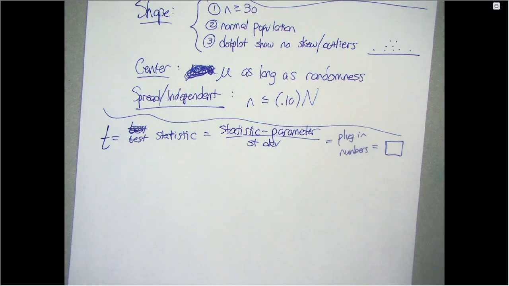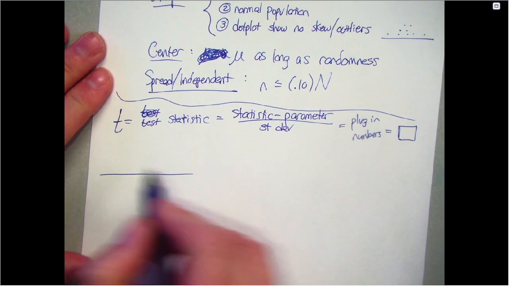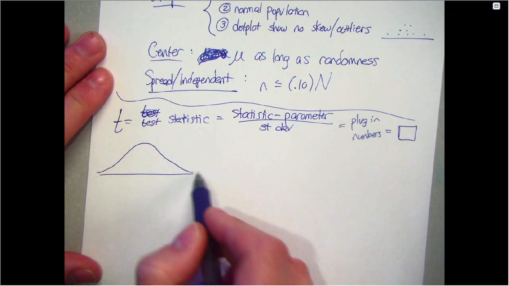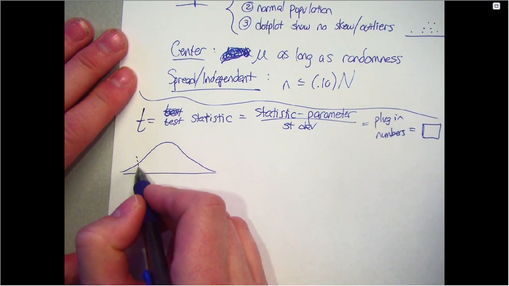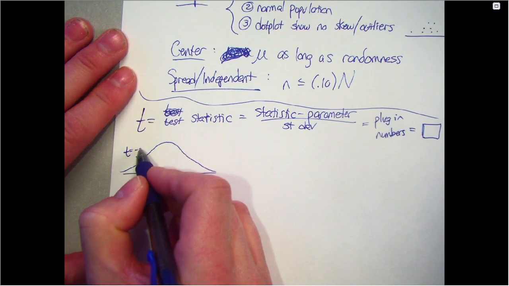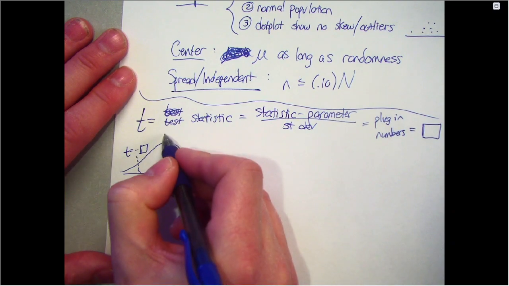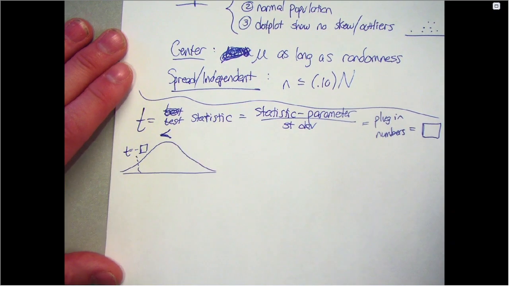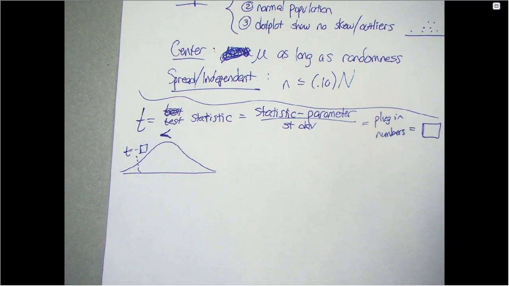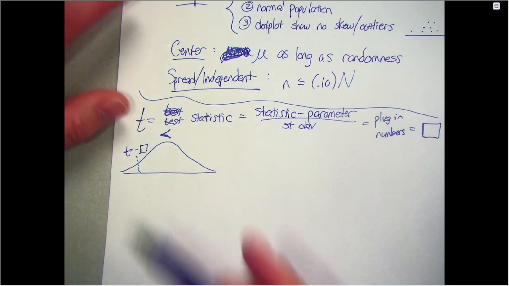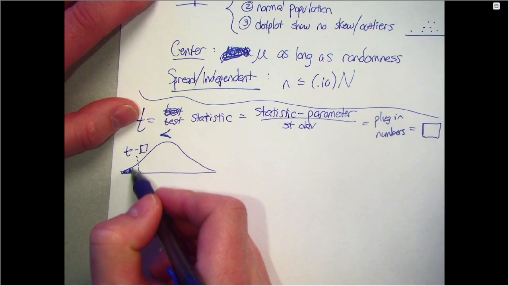So I'll go through all 3 of the possibilities. You might get, over here, T equals negative something. This would be a less than situation. So if your HA was less than, you're not every single time, but you're very, very likely to get a negative T. Your p-value is this region over here.